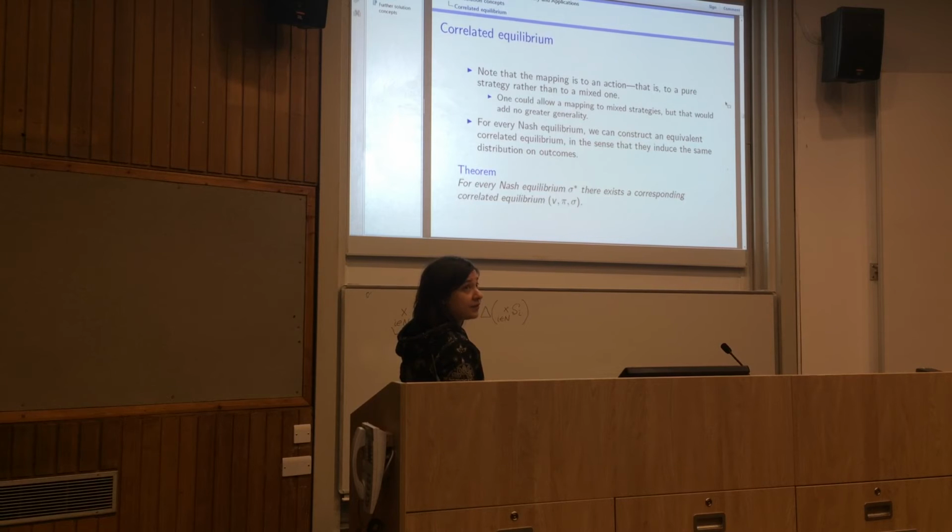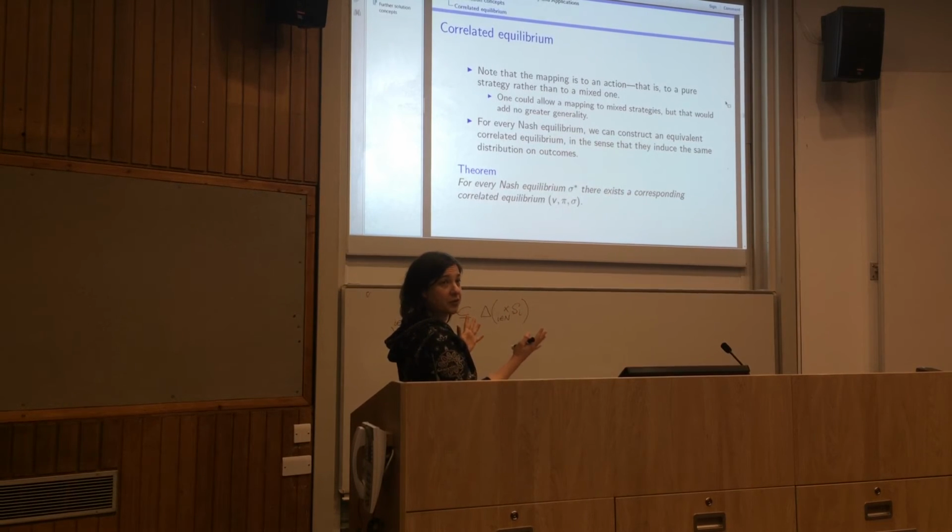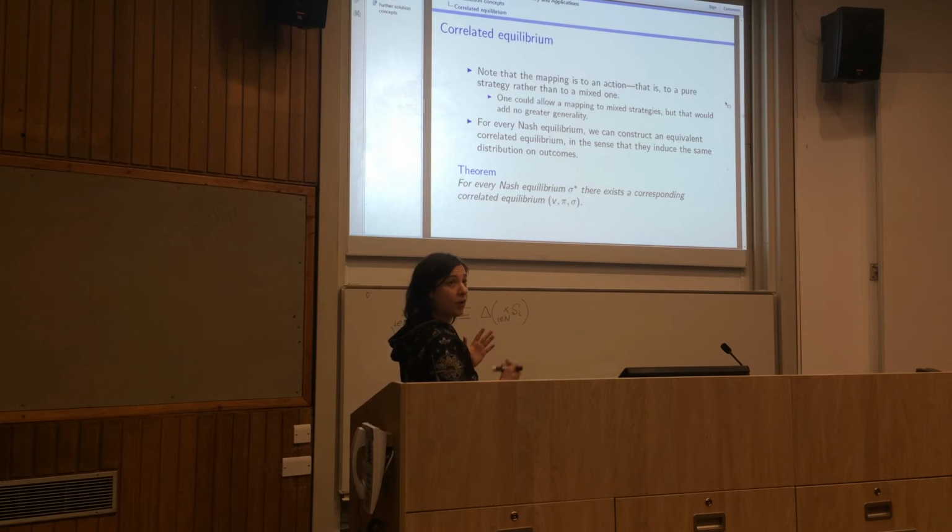Equivalently, we could have defined it as a mapping to the set of mixed strategies, but that would not add any greater generality to the case, because anyway, we would consider the joint distribution of the strategy profile. So we would mix over all of them anyway. So it's simpler to define the mapping to the set of pure strategies.